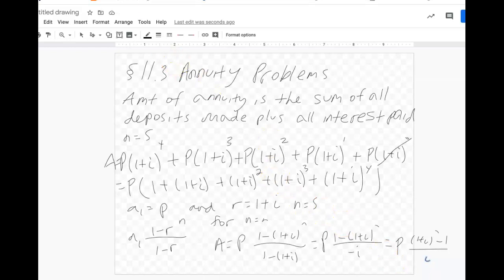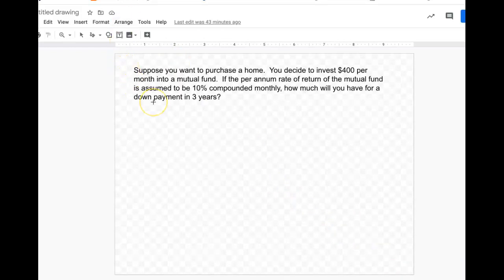Let's look at the next problem that I wanted to work on. Suppose you want to purchase a home and you decide to invest $400 per month into a mutual fund. If the per annum rate of return of the mutual fund is assumed to be 10% compounded monthly, how much would you have for down payment in 3 years?